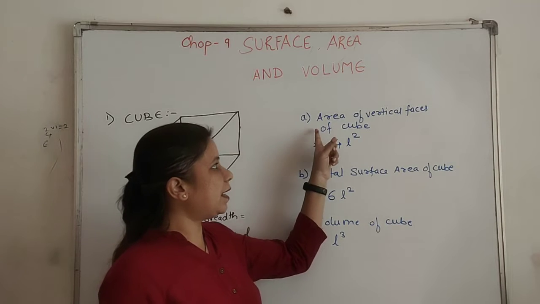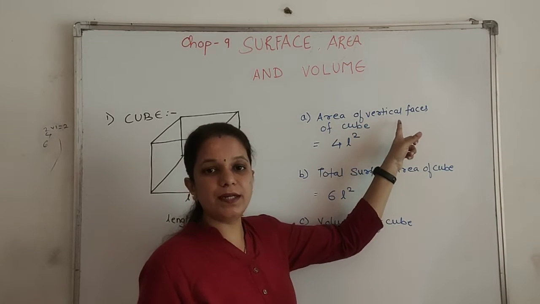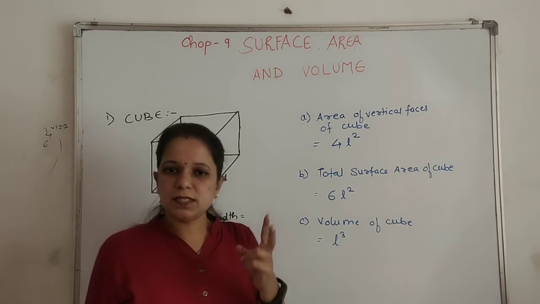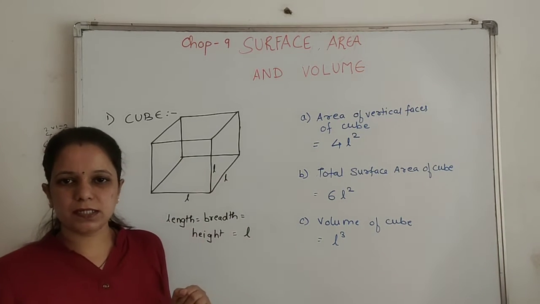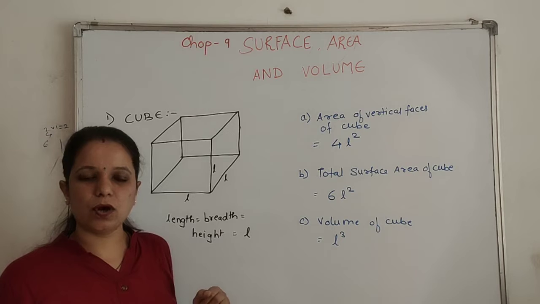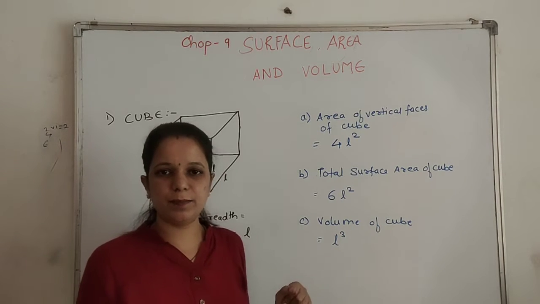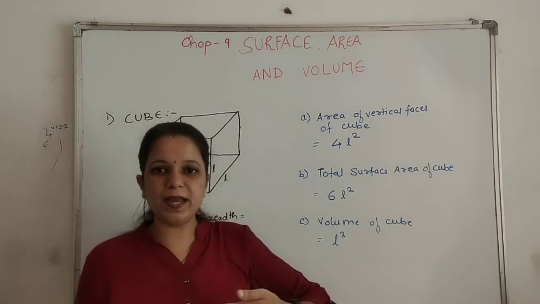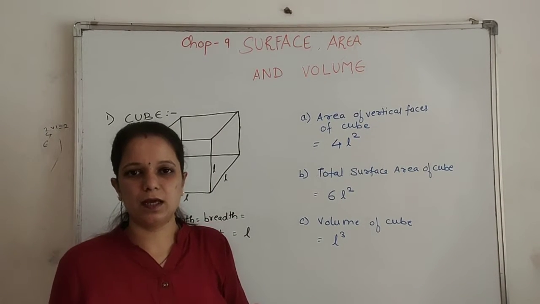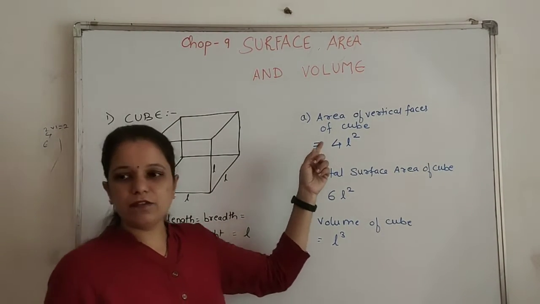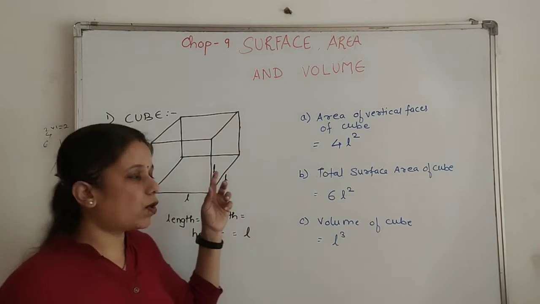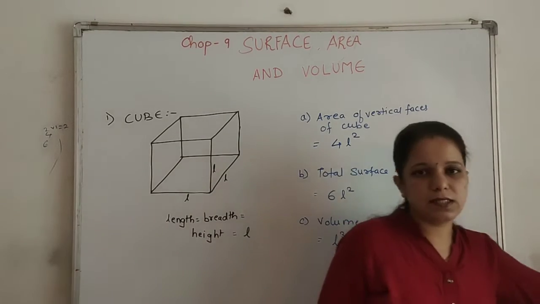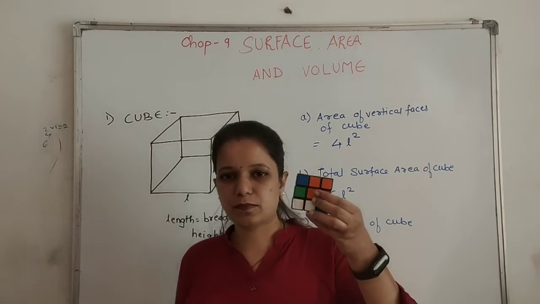First is the area of vertical faces of a cube. Area means it is multiplication of two quantities, length, breadth or breadth, height, as the case may be. So vertical faces, vertical means standing upright. For a cube you have four vertical faces. Now we will again consider this Rubik's cube.